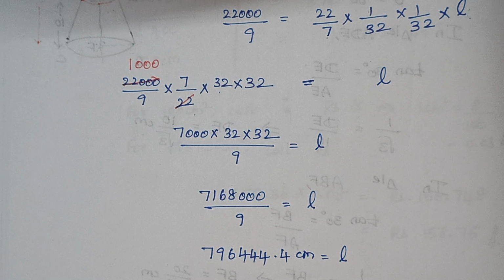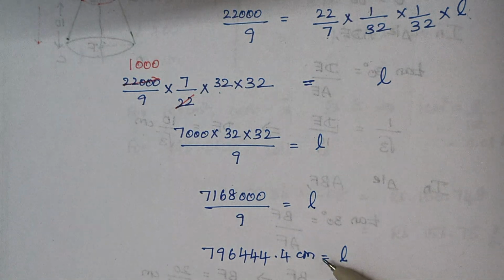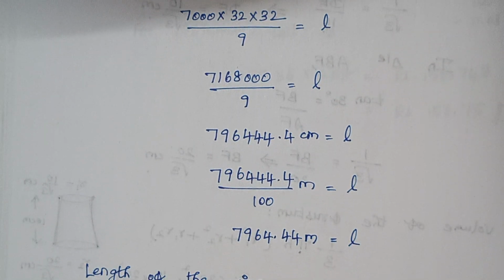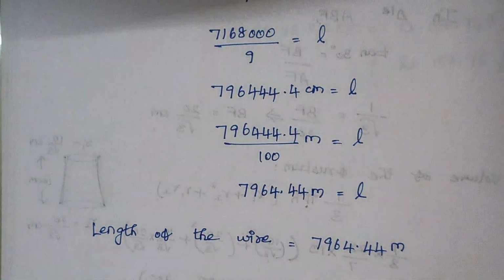So I am converting this centimeter to meter. What we have to do is divide this by 100. So when you divide it by 100, the answer is 7964.44 meters.